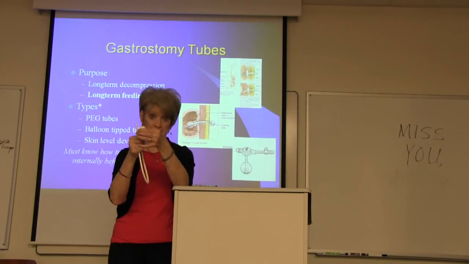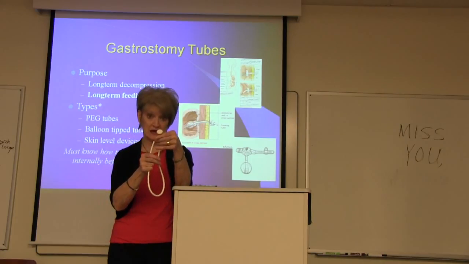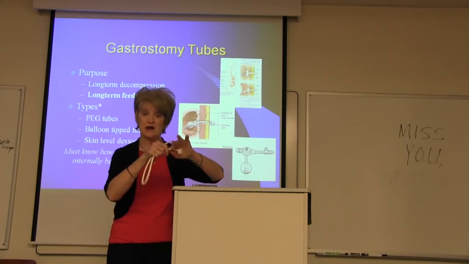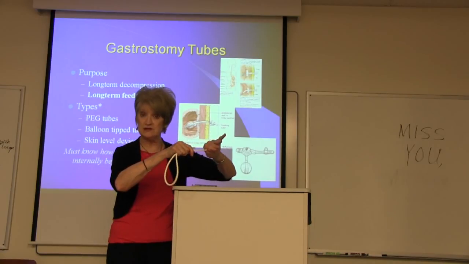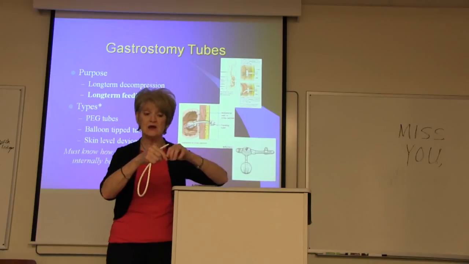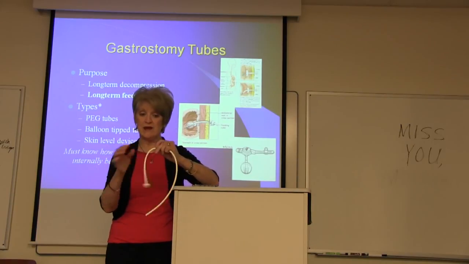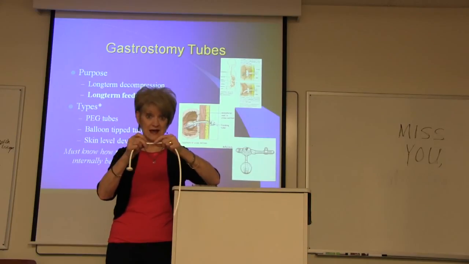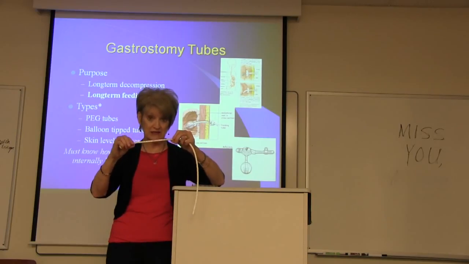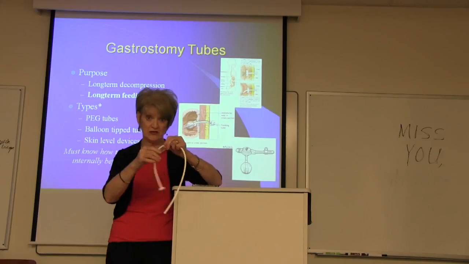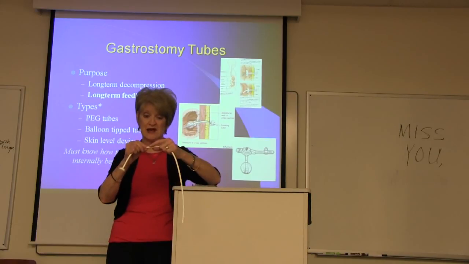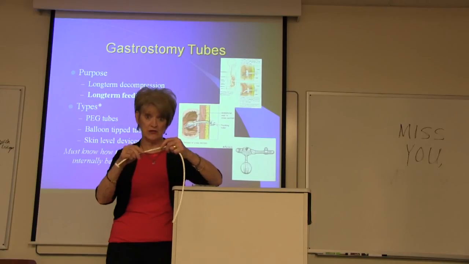They have deliberately modified the design of the PEG tube to make it possible to literally remove the tube simply by pulling it out. And most of the time when you look at the writing on the PEG tube, you'll see an indication that this tube can safely be removed by pulling it through the abdomen. It'll say something like may remove externally or traction removable.